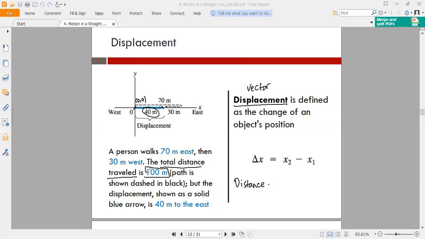So 100 meters is the distance, the total distance. Do you see the difference between displacement and distance in this case? Just remember this definition: displacement is equal to the last position minus the initial position.